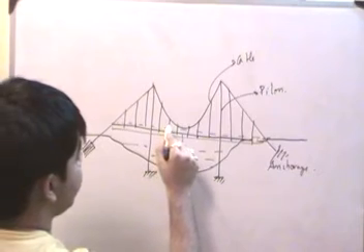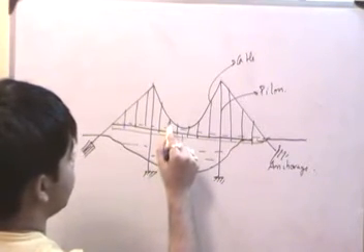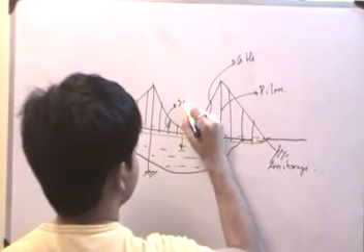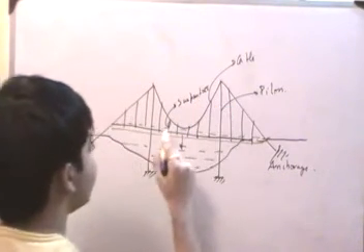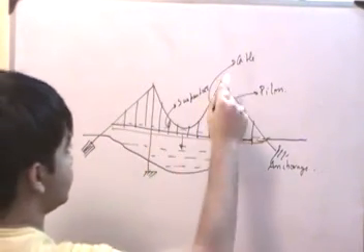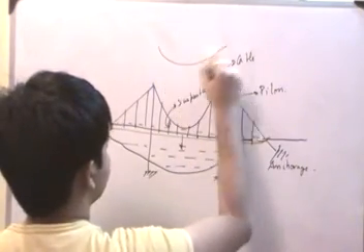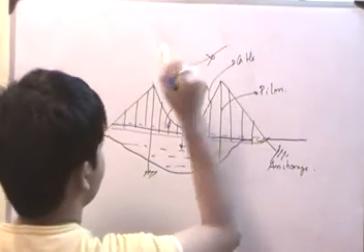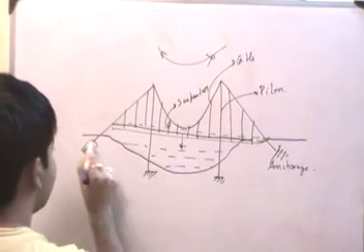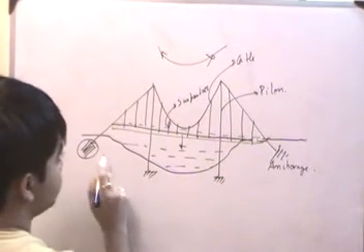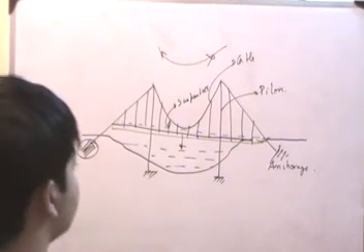So this will essentially create some sort of a tensional force in these suspenders. The suspenders will transfer this load to the cables, and the cables will also be under some sort of a tensional force. And then it will be transferred to this anchorage block, which will again be under some sort of a tensional force.